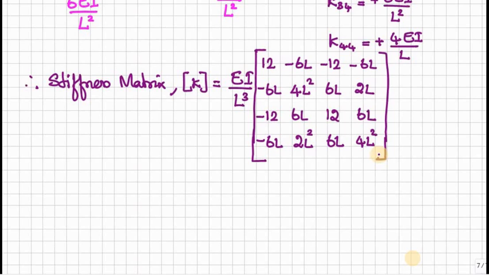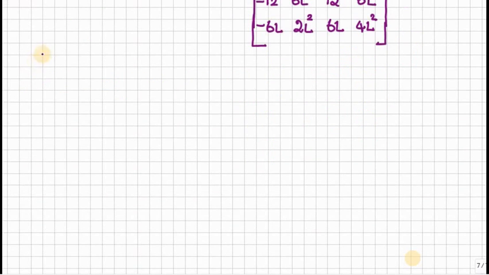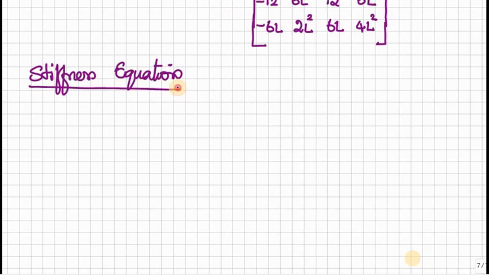So next we will see the stiffness equation which we will use while solving problems. In the stiffness equation, actually the equilibrium equation, we equate the forces. So force P is equal to stiffness into the displacement.